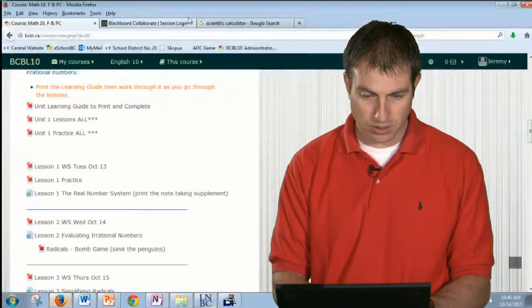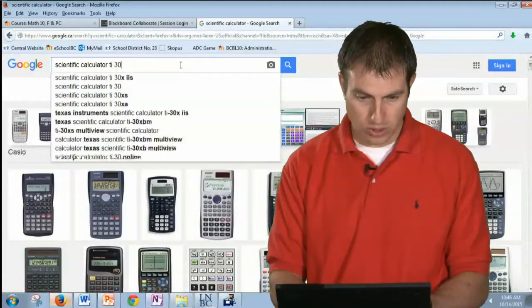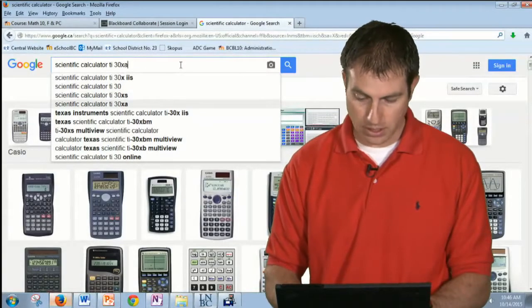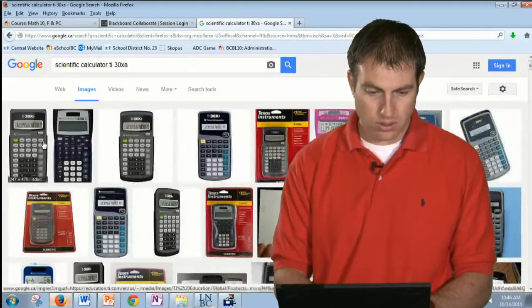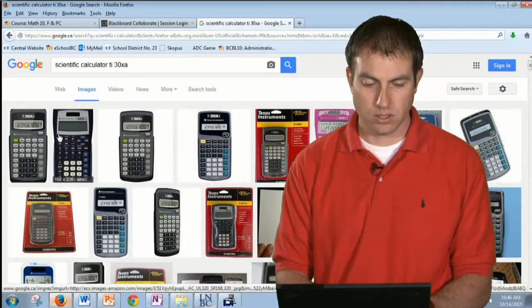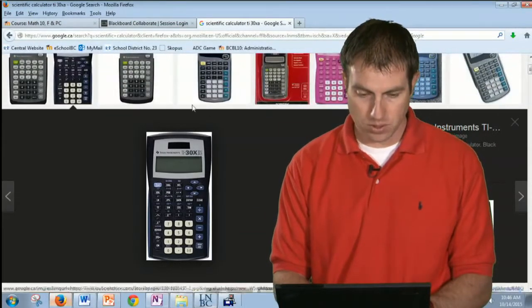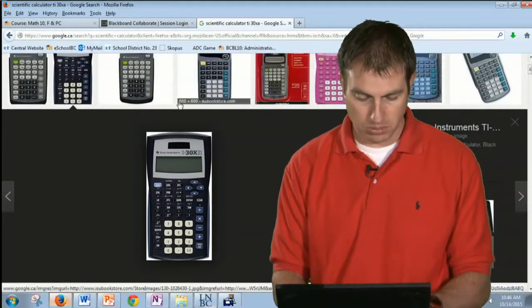Let's see if I can find it. TI-30XA. Is it the new one or the old one? This one is not the greatest image of it. Let's see if I can get a better one.